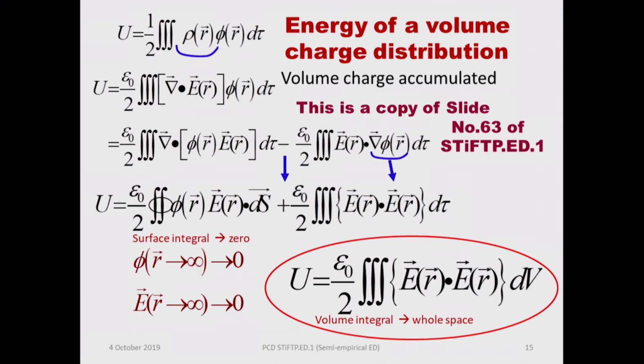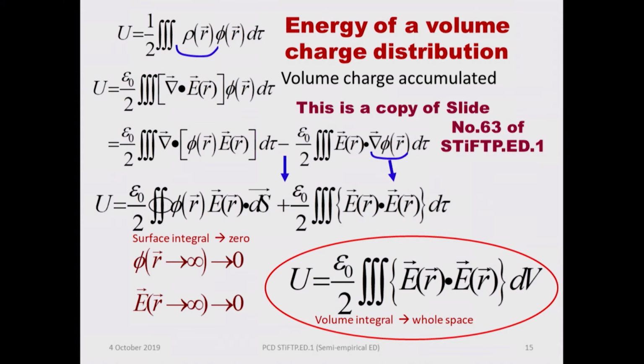by the half volume integral of the charge density times the potential at a particular field point. Okay? And when you integrate this over the whole volume, and then we rearrange these terms, we use Gauss's divergence theorem and so on, and we found that the energy density is half E square multiplied by epsilon 0, of course.